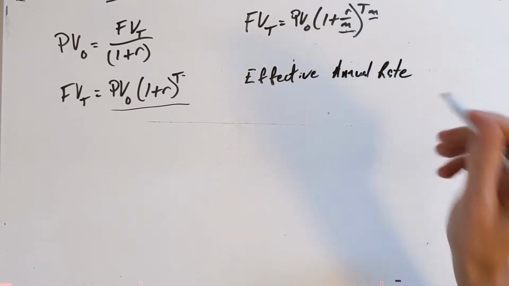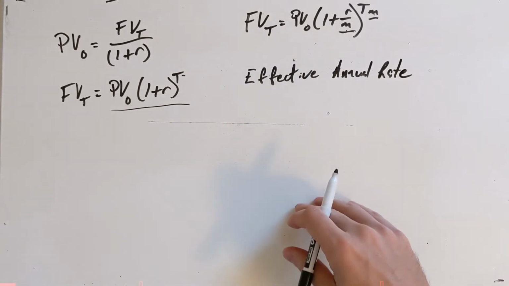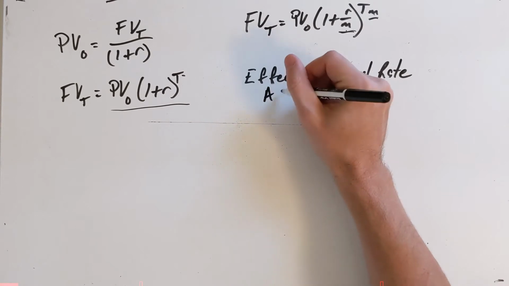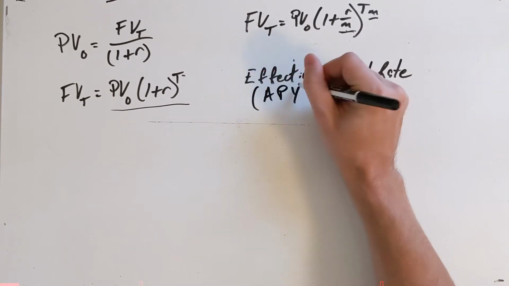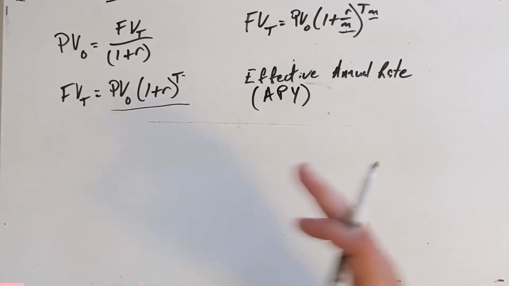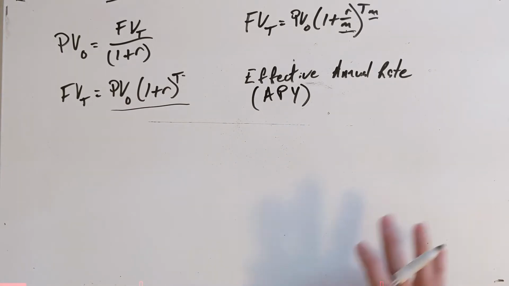Okay, so this actually has a few different names. I call it the effective annual rate. You'll also see this referenced as the annual percentage yield, APY, the effective interest rate, the annual effective rate. Like I said, it's got a few different names.